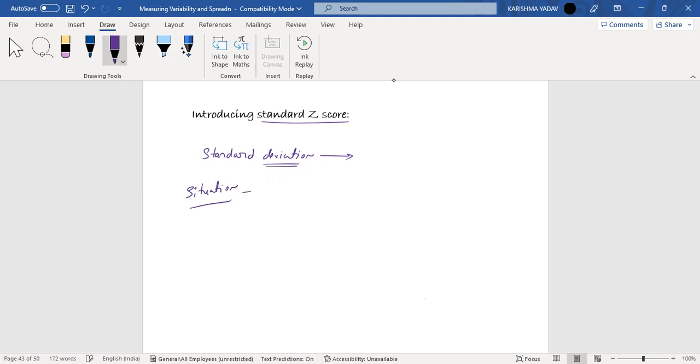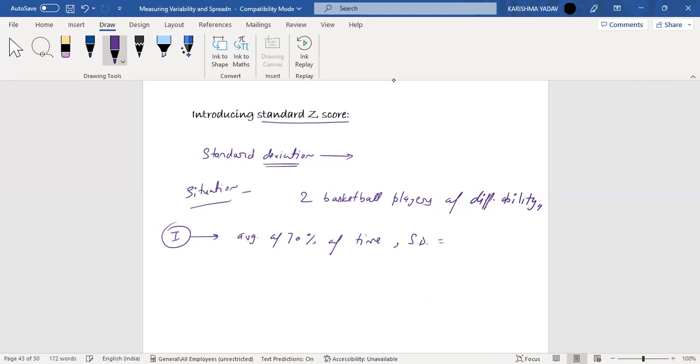Now imagine a situation in which you have two basketball players of different ability. The first player gets the ball into the net 70% of the time, and he has a standard deviation of 20%.